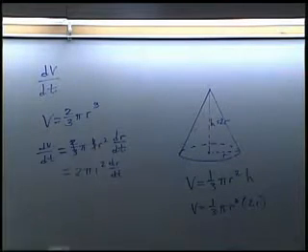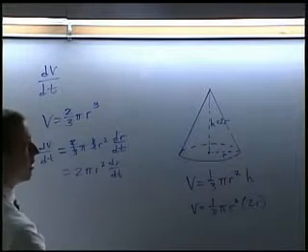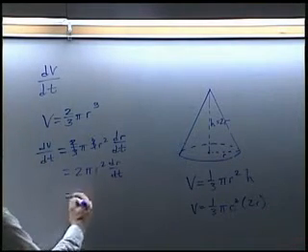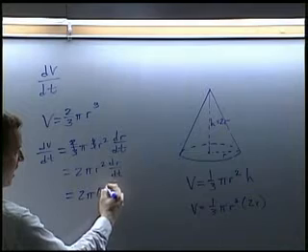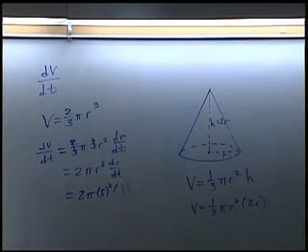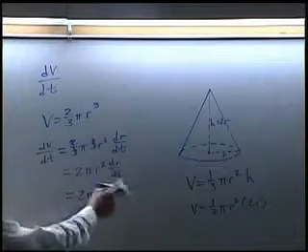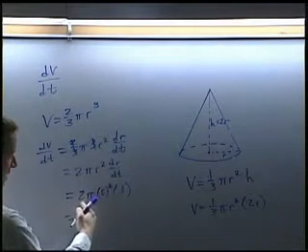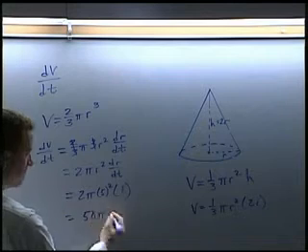The radius is 5, and it's changing at a rate of 1 inch per minute. So 2 pi, 5 squared times 1. Plug all this in, we get 25 times 2, it looks like 50 times pi.